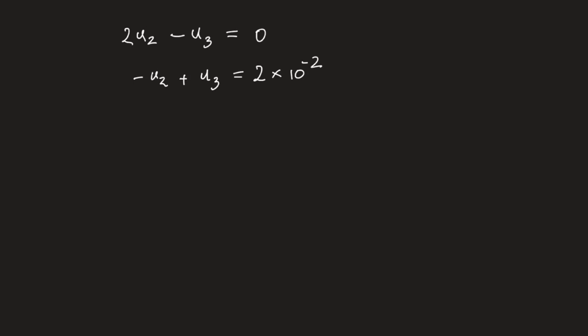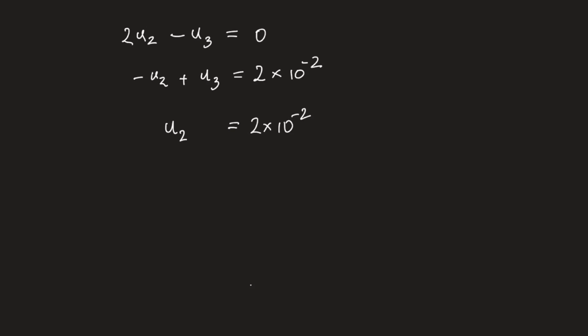We can now solve these two simultaneous equations and find the values of u2 and u3. We can add these two equations. So 2u2 minus u2 is u2, and minus u3 plus u3 cancel each other. So u2 is equal to 0 plus 2 into 10 raised to minus 2, that is 2 into 10 raised to minus 2.